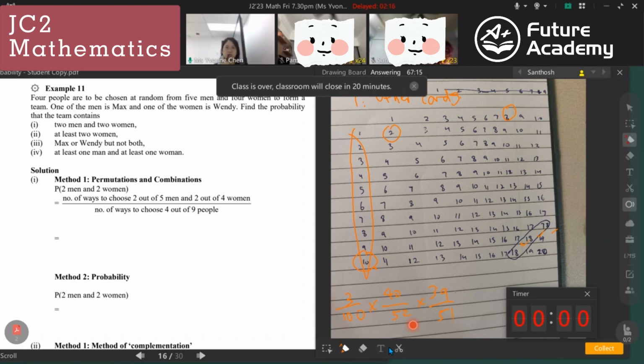Let me try to explain to you. From your table, it's as if 8 and 10, 10 and 8, and 9 and 9 have the same probability, which is incorrect.